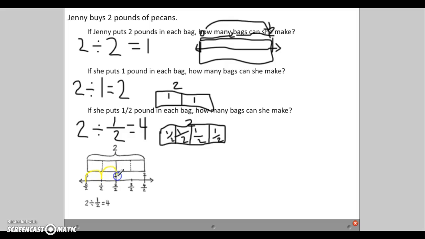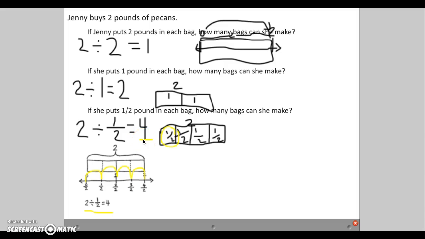This is a bag. That bag has a ½ pound in it. This is a bag. This bag has a ½ pound in it, and this is a bag. This bag has a ½ pound in it. 1 half, 2 halves, 3 halves, 4 halves. I've got 4 bags. They each have a ½ of a pound in them. Then if I showed this using a number model, my number model would be 2 divided by 1/2 equals 4.